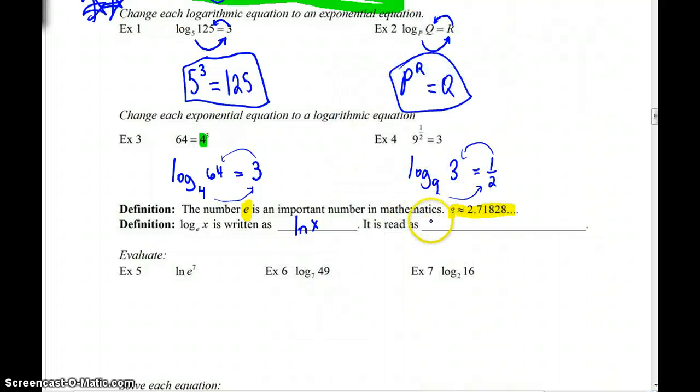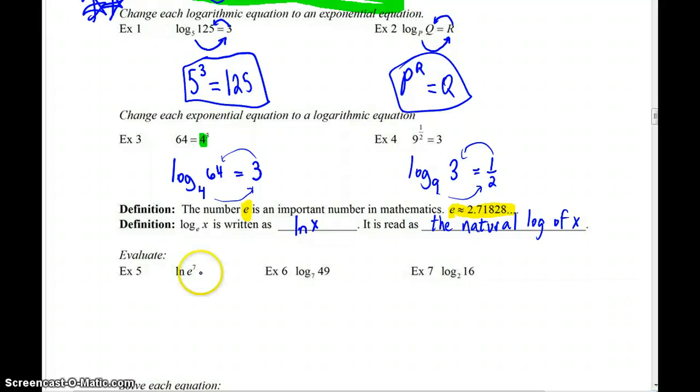It is read as the natural log of x. There are 2 logarithm buttons on your calculator. One's the common log, log base 10. The natural log is really log base e.